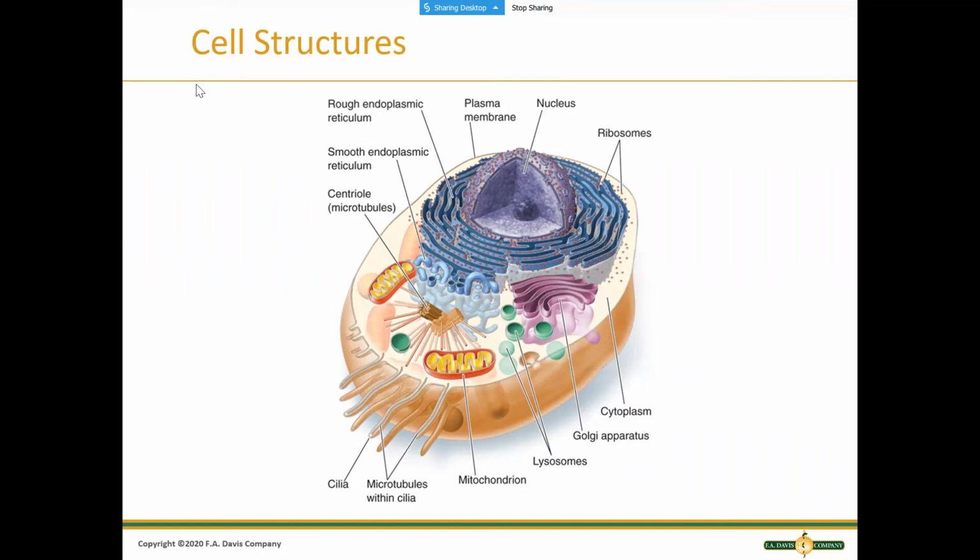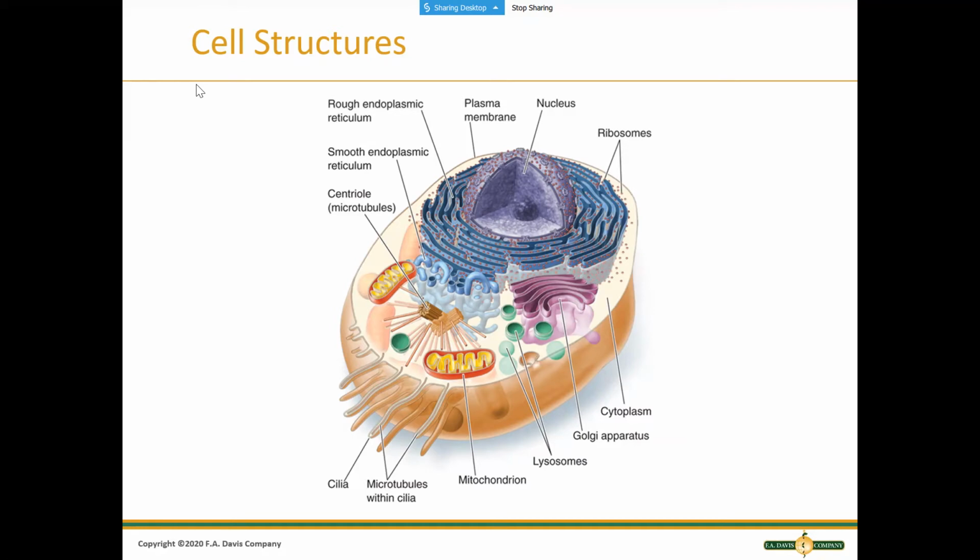The instructions that the DNA gives, the end product, are proteins. So the DNA tells the cell what proteins to make. And there's a whole process where it goes through the rough endoplasmic reticulum and does its magic, but the final output is a protein of some kind.